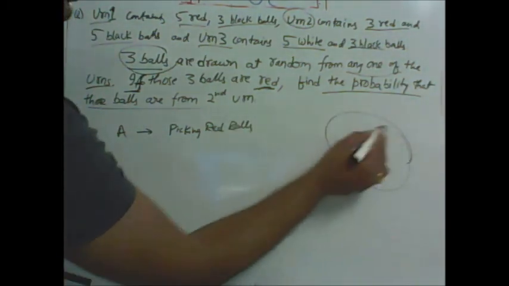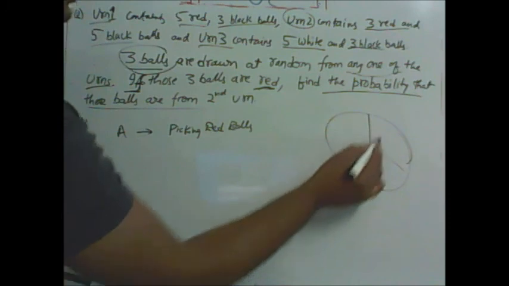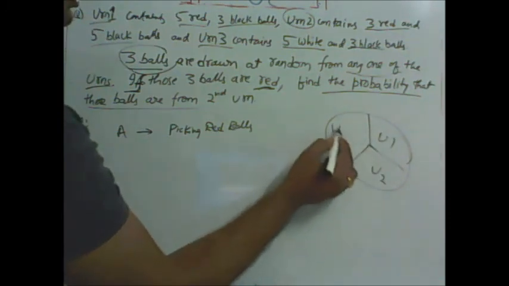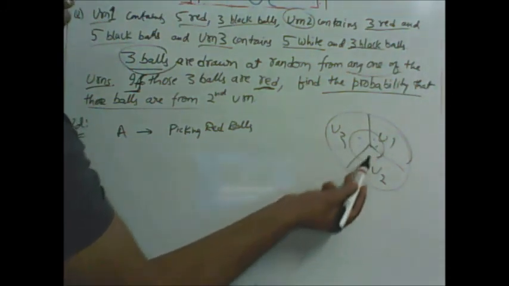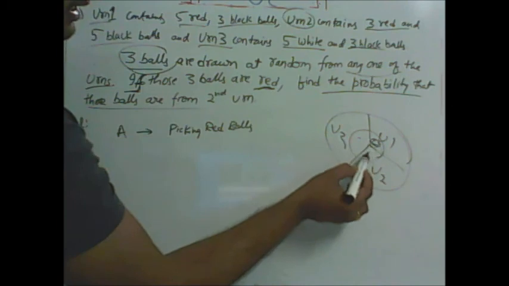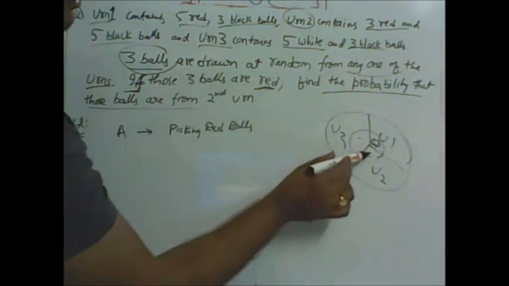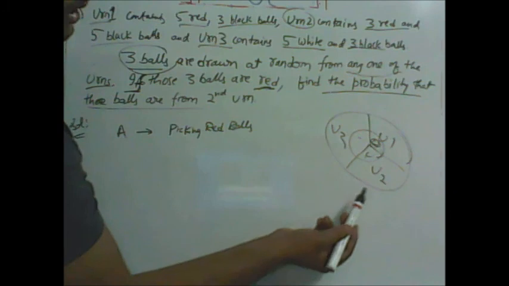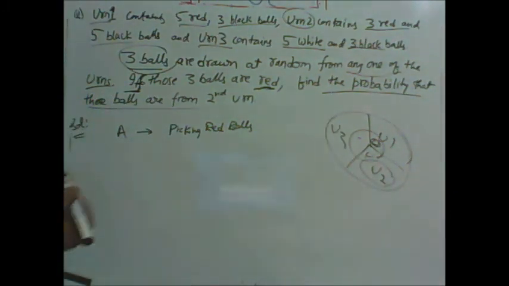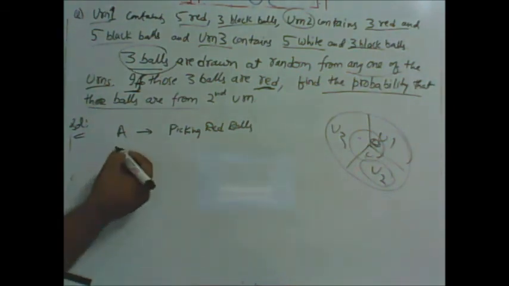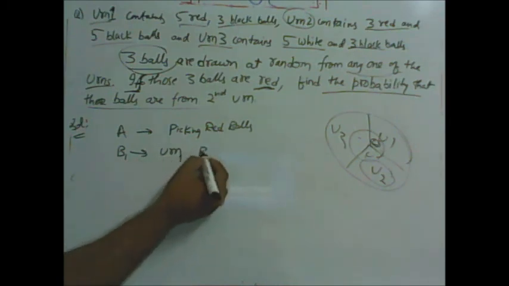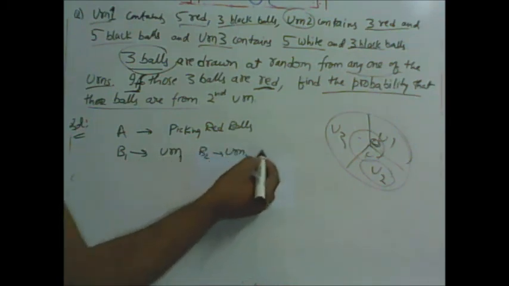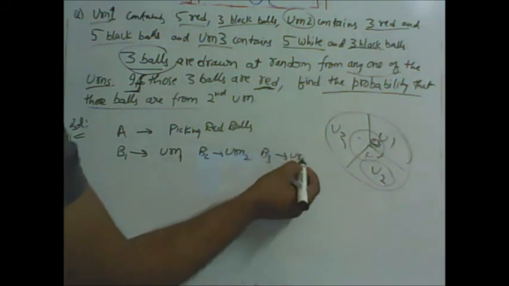Actually this can be done like this. This is urn 1, urn 2, urn 3. In every urn there are some balls; some are red, some are white, some are black. He is asking, already red is fixed, then what is the probability that it is from urn 2 only. So similar to Bayes' theorem, B1 is urn 1, B2 is urn 2, B3 is urn 3.